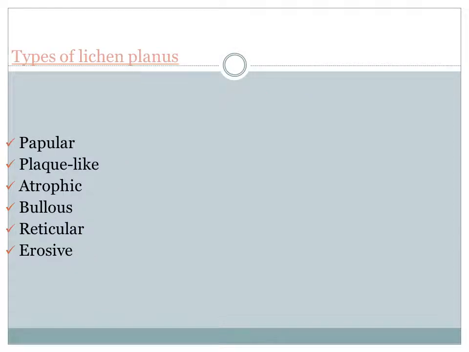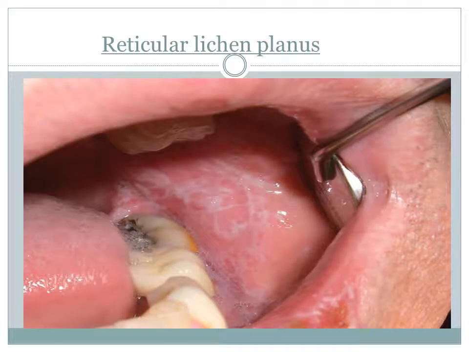Types of lichen planus. Two main types of oral lichen planus have been described: reticular and erosive. Other types of lichen planus: papular, plaque-like, atrophic, and bullous. Reticular lichen planus is the most common type.